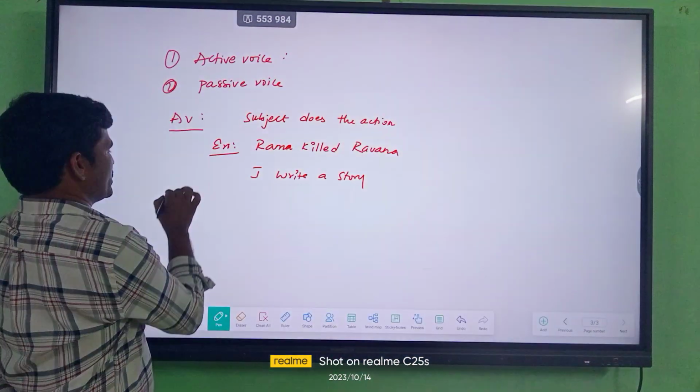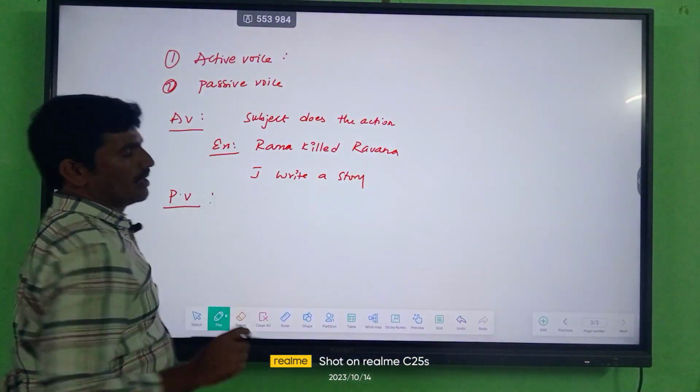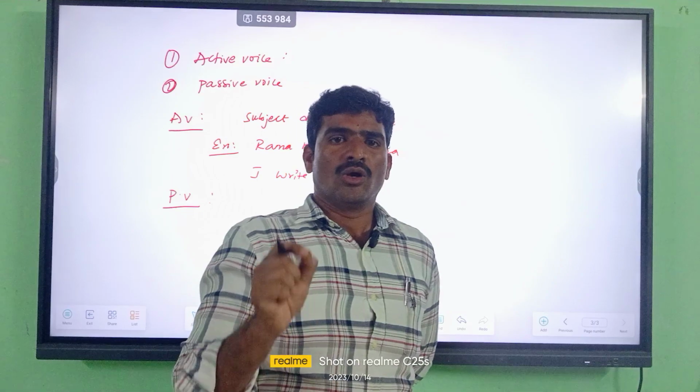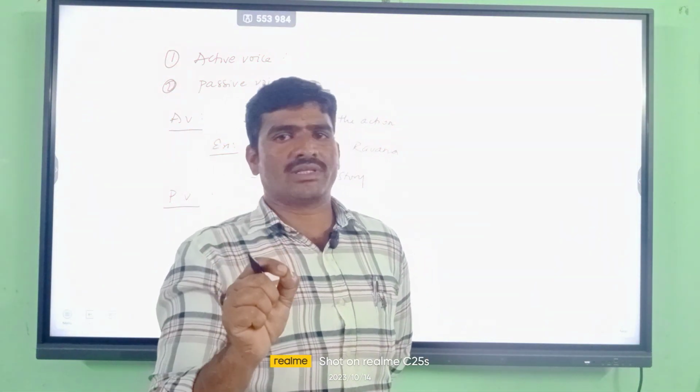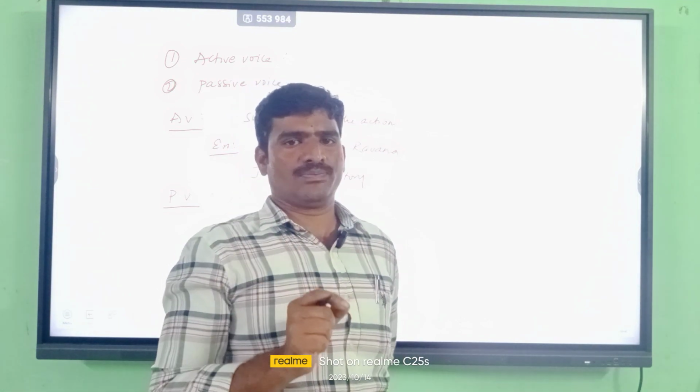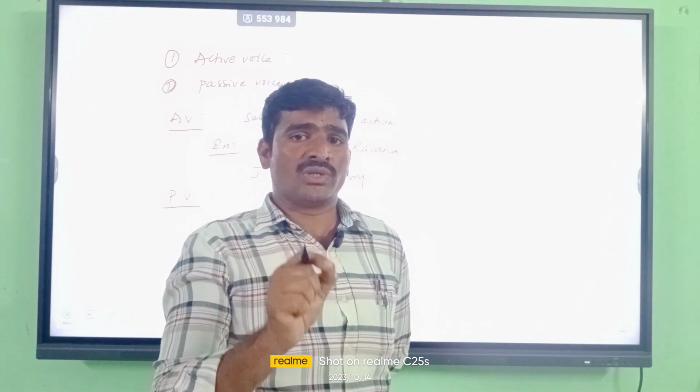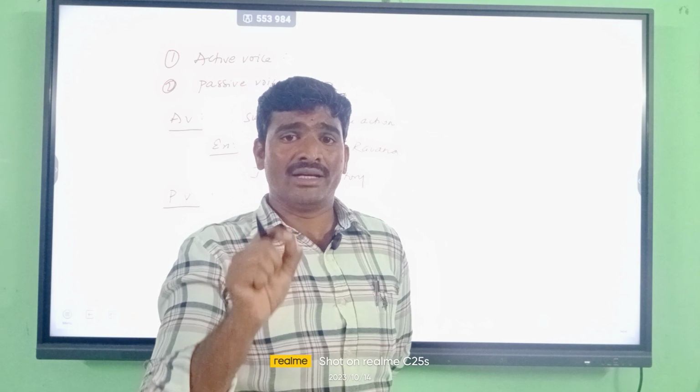Next, passive voice. A verb is in the passive voice when it shows that something is done to the person or thing denoted by the subject. Which means something is done to the person or thing denoted by the subject.